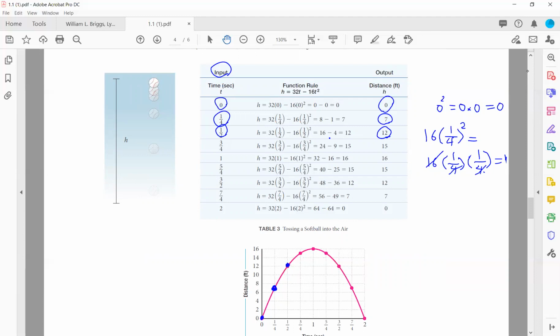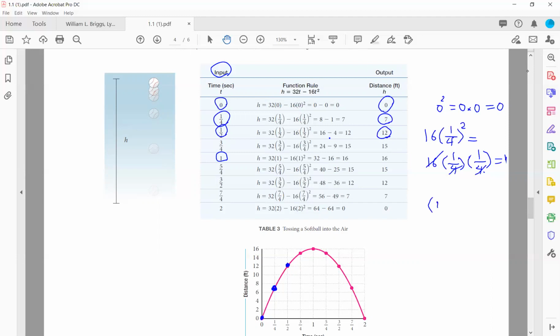matched to this point. As you can see, you can continue plugging in other numbers into t and calculate the distance or y values. For example, if you plug in 1, your y value is 32 times 1 minus 16 times 1 squared.